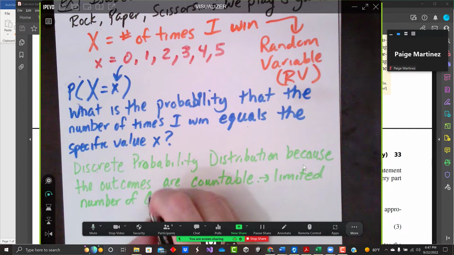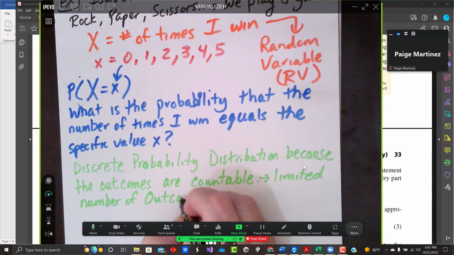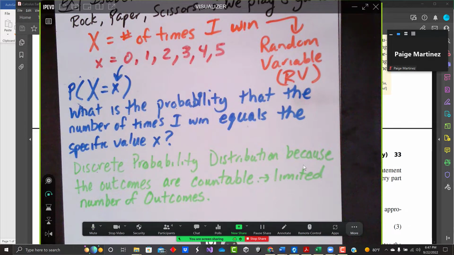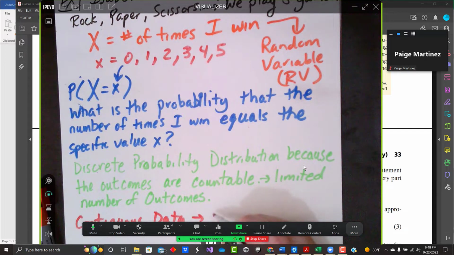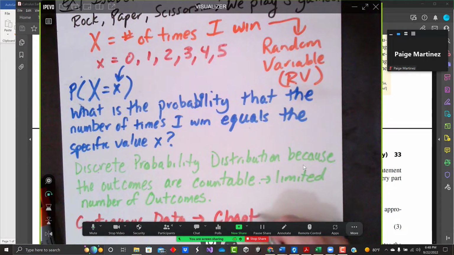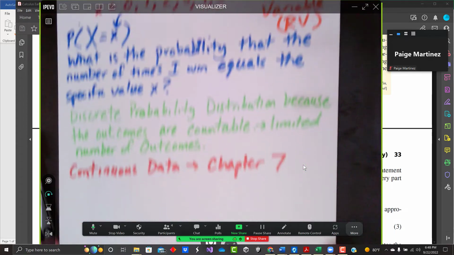We talked about this in chapter 1, discrete data versus continuous data. When the data is continuous, we'll talk about that in chapter 7. So we'll get there, but chapter 6 is on discrete.